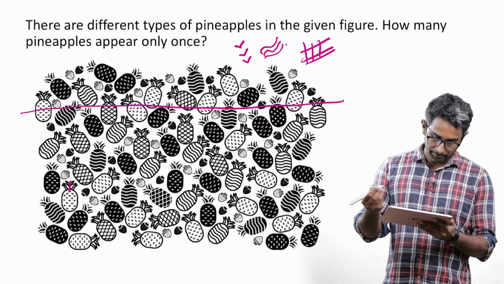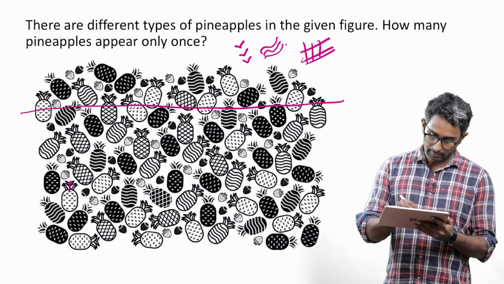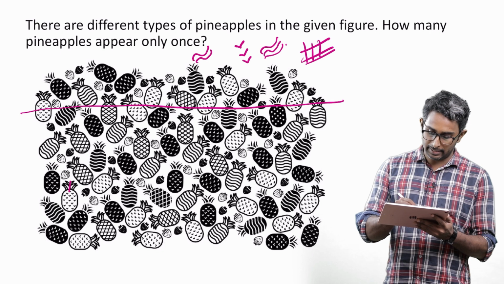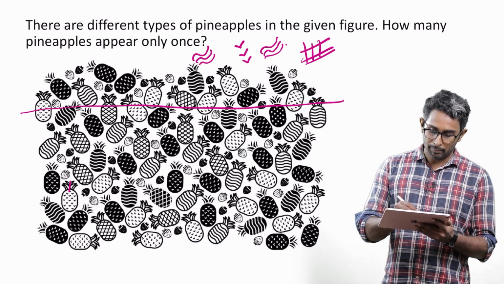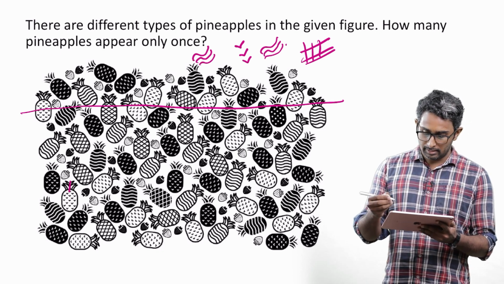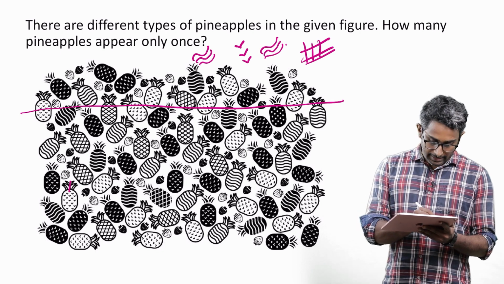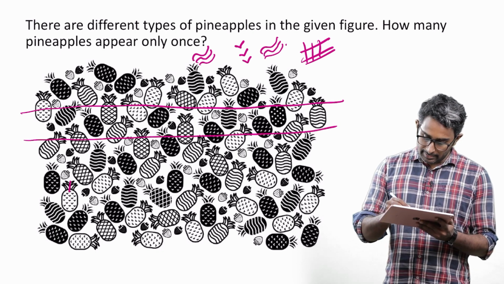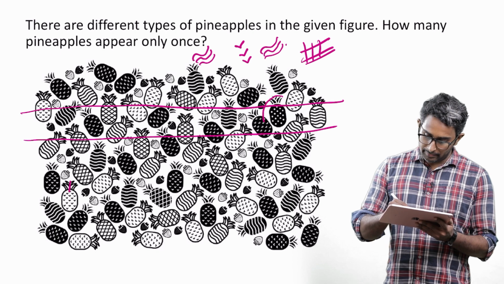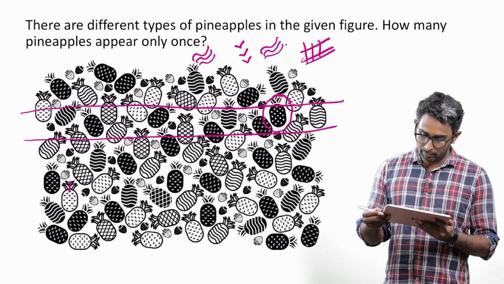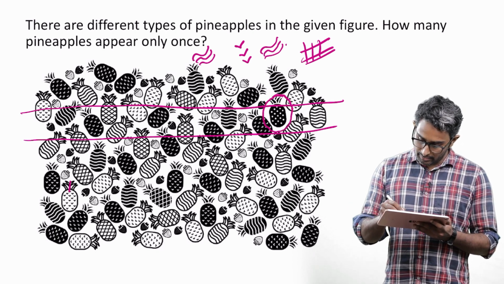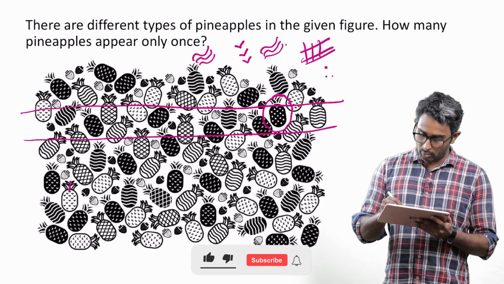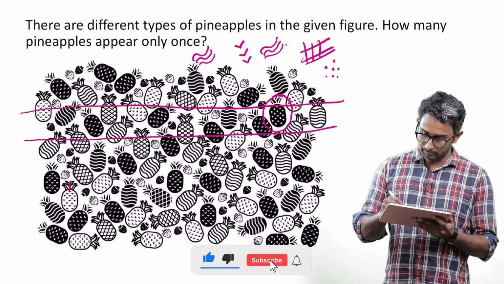Then I can see this pattern in reverse, like one would be black and one would be in white color. If you observe the second line also, I can see a different pattern here, a peculiar different pattern, which is like dots in the pineapple.